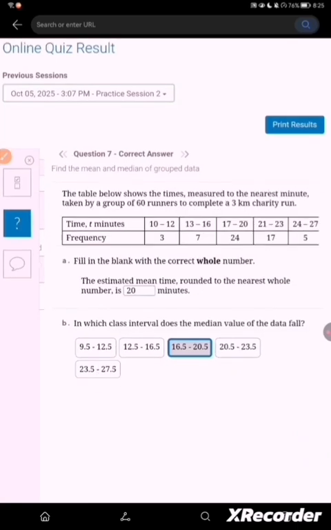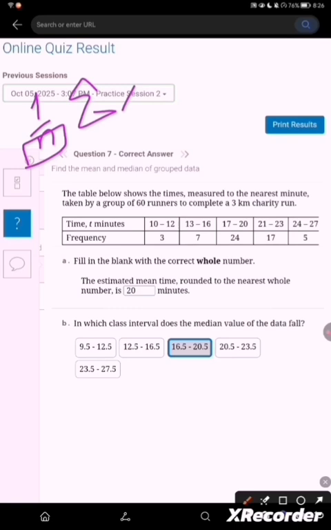Now for question number 7. Okay? So over here, they gave you time and they gave you frequency. Now we have a new formula for mean. So for mean, instead of summation of x, you're just going to have 1 over n, okay? N in this case is the total frequency, okay? Summation of xi.